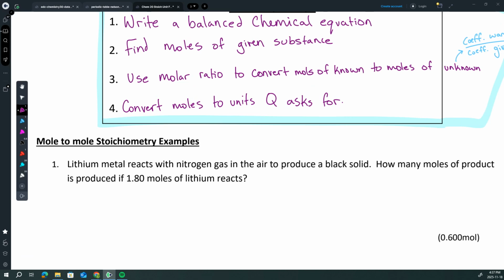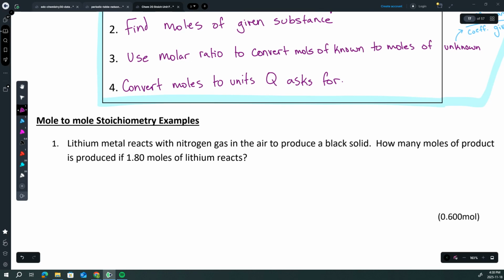From this example, you can see that the whole point of stoichiometry is to help you predict how much of one substance you should be able to get out of a reaction. That's the whole idea behind stoichiometry.